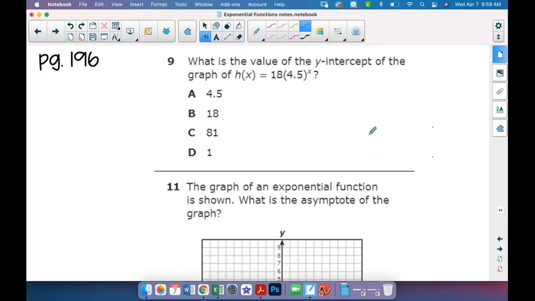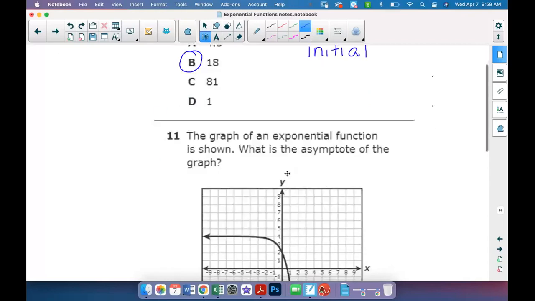Which one of these is the initial amount? That's the y-intercept. That's right, guys. B is correct, 18.